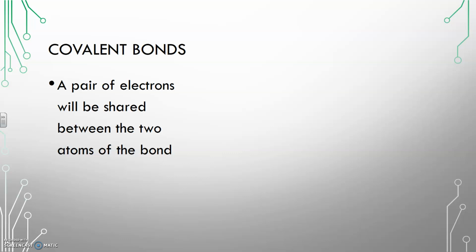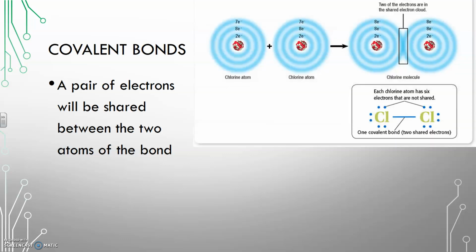Okay, so the pair of electrons will be shared between the two atoms of the bond, which means that those two electrons are going to be going between the two atoms. So it does kind of a figure 8 around the atoms. Okay, so you can see here you have two chlorine atoms. Each one needs one more electron to fill its outer shell.